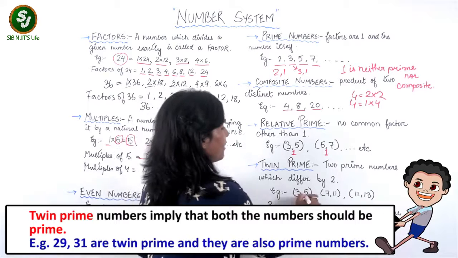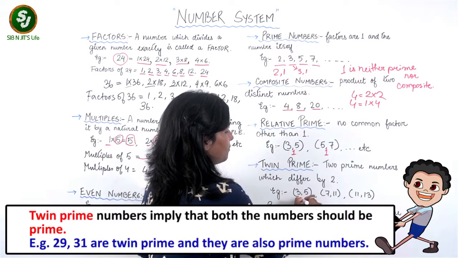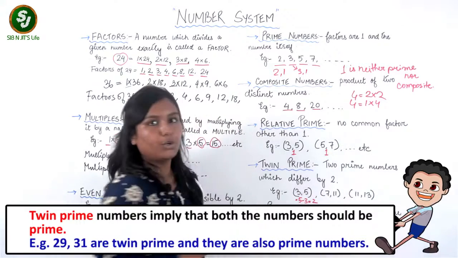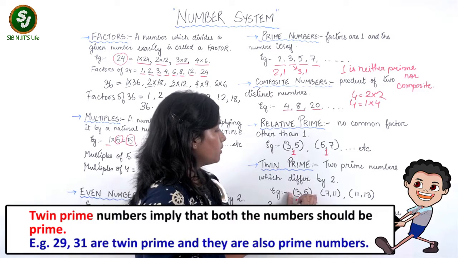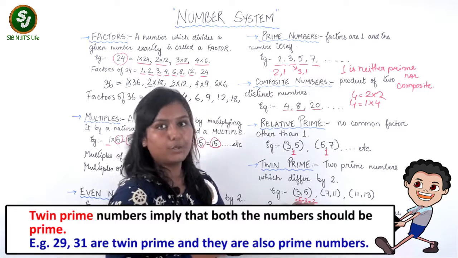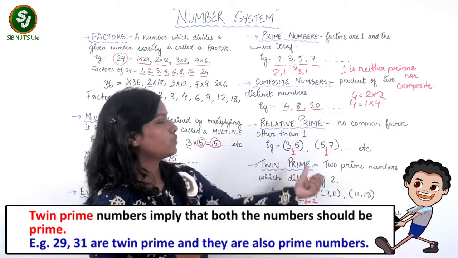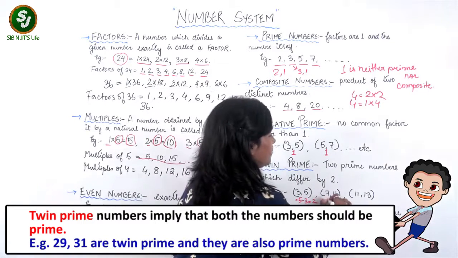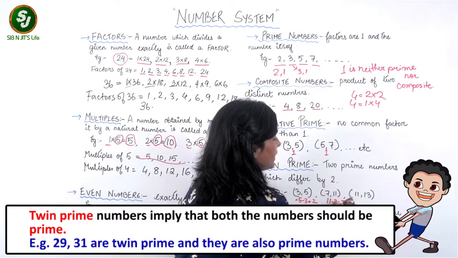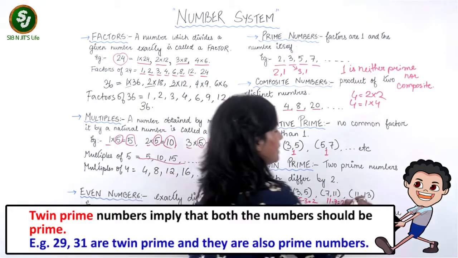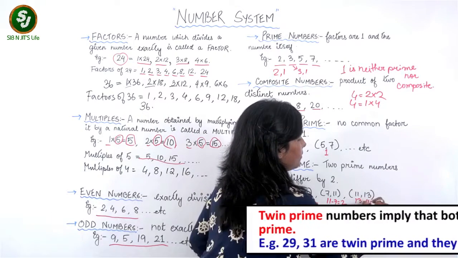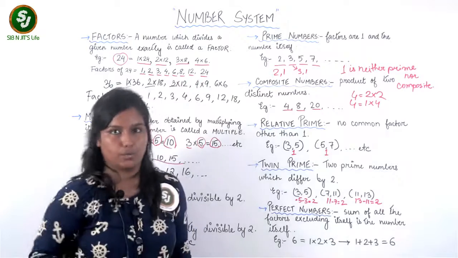Now 5 minus 3 is how much? 2. So when the difference between both numbers results in 2, they are known as twin prime. In this case also 7 minus 5 will give us 2, and here also 13 minus 11 will be equal to 2.